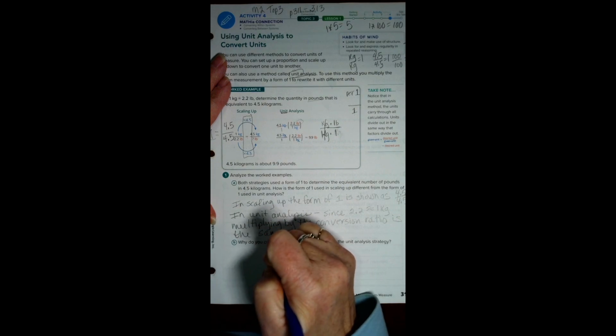So since 2.2 pounds is approximately 1 kilogram, multiplying by the conversion ratio is the same as multiplying by 1.